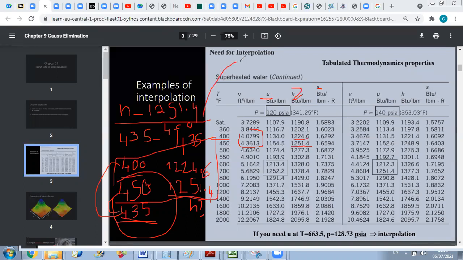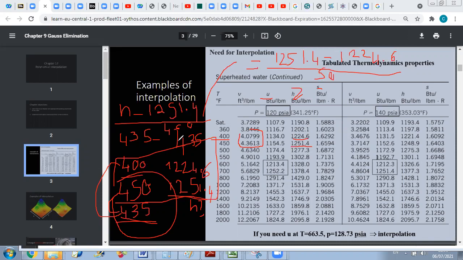It will be equal to, if I consider points 450 and 400, the slope is 1251.4 minus 1224.6 over 450 minus 400, which is 50.